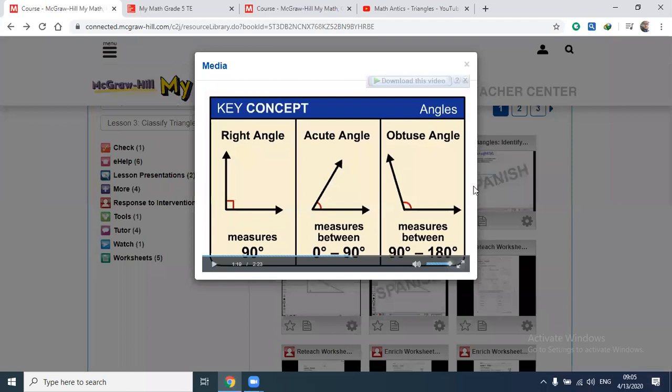To classify triangles according to angles, you should know these types of angles. A straight angle is not common in a triangle. Be careful about this.